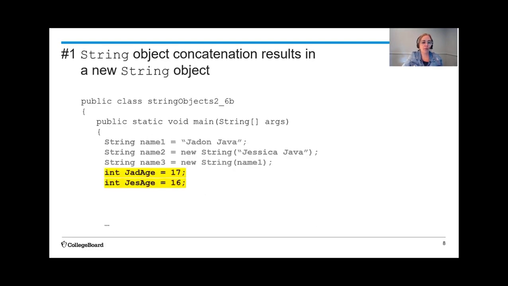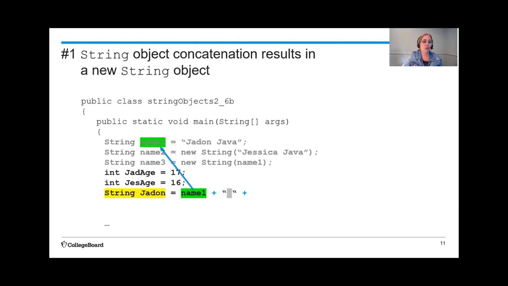Those are my two new variables, int jadenAge and int jessAge. I've declared a new string variable that I'm calling jaden, and I'm pulling his name from my previous name1 variable. And then notice what I'm doing with the concatenation. Java knows a lot of things, but what Java does not know is where we want space bars. So in this concatenation example, I want you to notice where I've shaded the gray box in between the quotes.